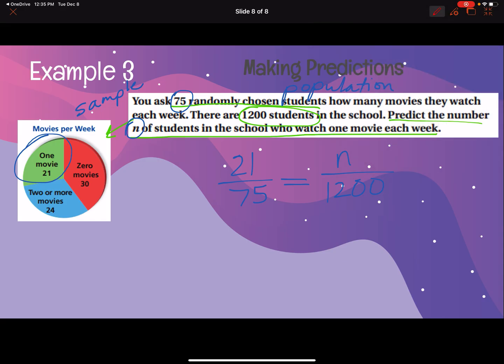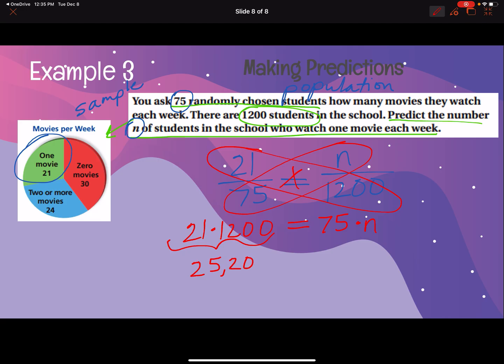And remember, in 7th grade proportions, sometimes in 6th grade, you can set this up a multitude of ways. You can cross multiply and make them equal. You could even write it out and create an equation. So if I took 21 times 1,200, I want that to be equivalent to 75 times N. If I put that into my calculator, I'm going to get 25,200 equals 75N.